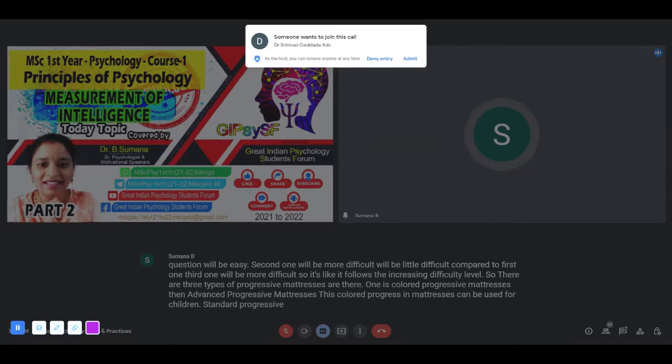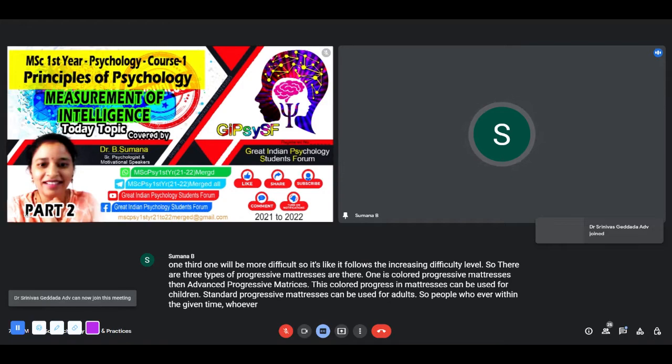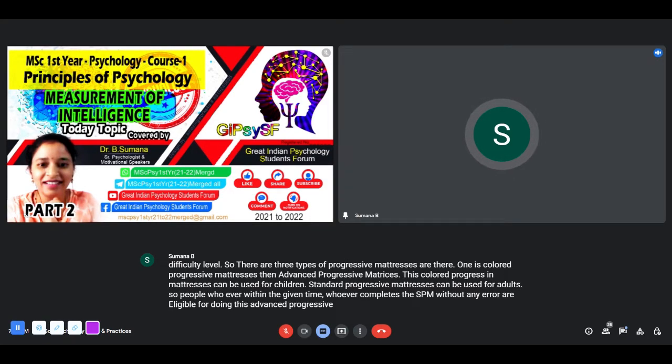Standard progressive matrices can be used for adults. Whoever completes the SPM within the given time without any error is eligible for the advanced progressive matrices.